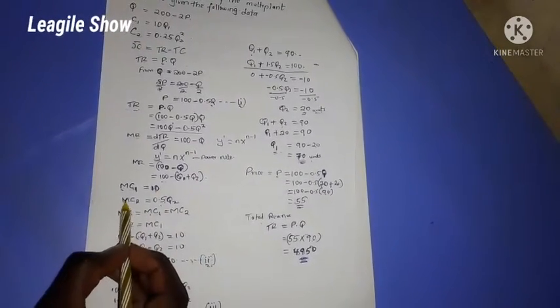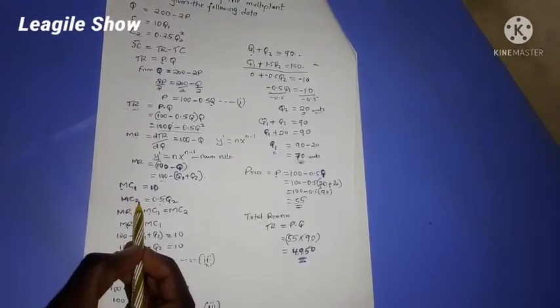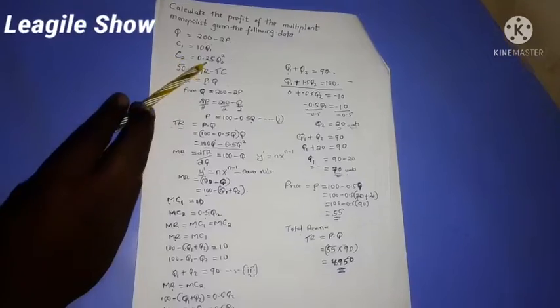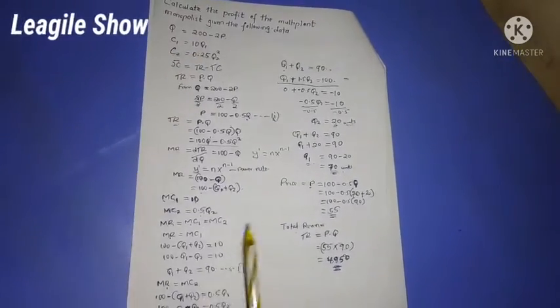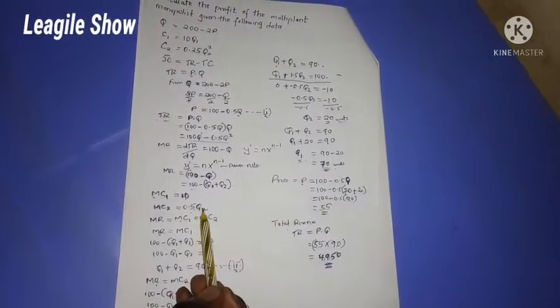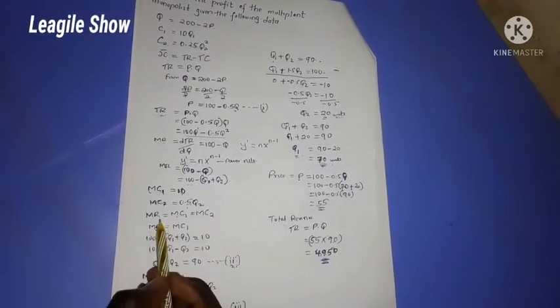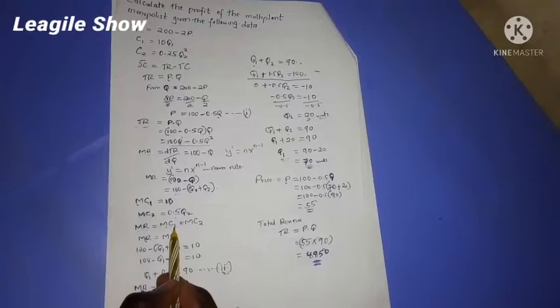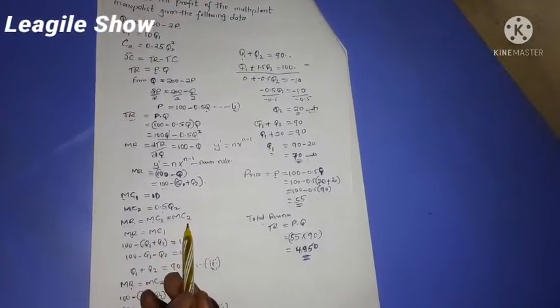Then marginal cost for the second firm will be differentiating the cost function for the second firm, which is just 0.5q2.